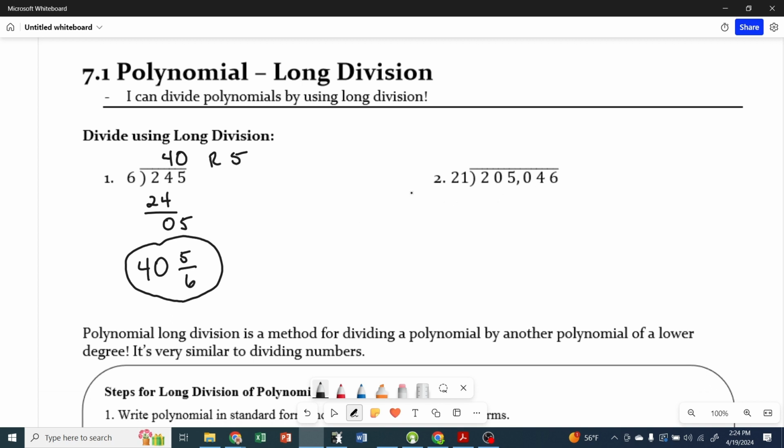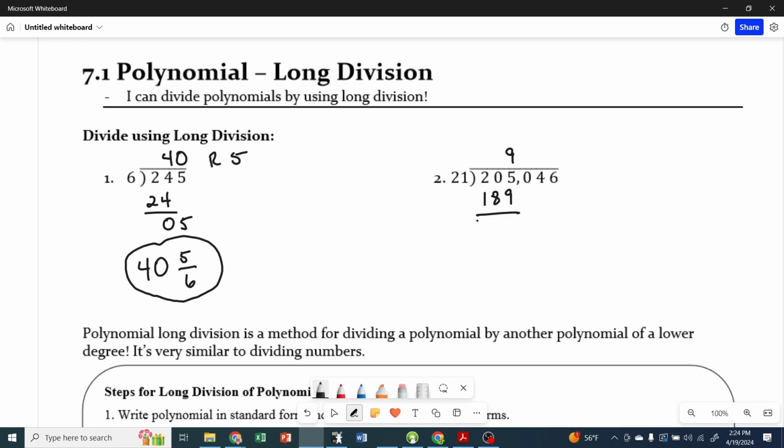With bigger numbers, such as this situation, there's no difference in the approach, in the algorithm. 21 does not go into 20, but 21 does go into 205 9 times. So 9 times 21 is 189.